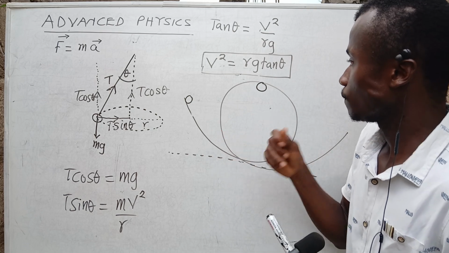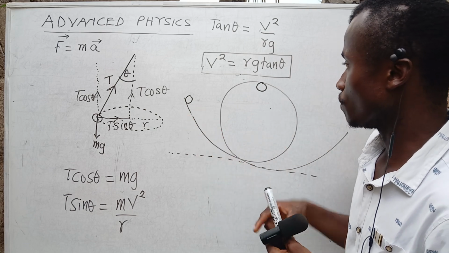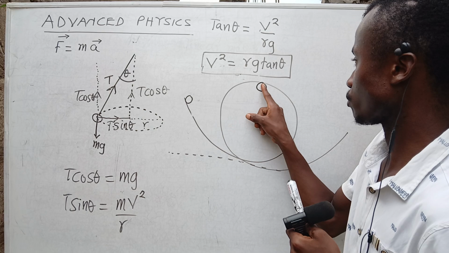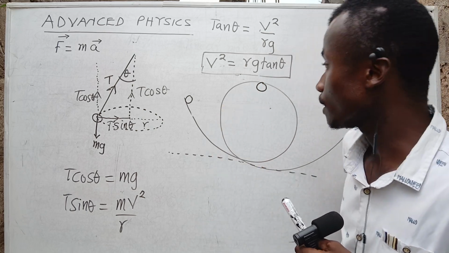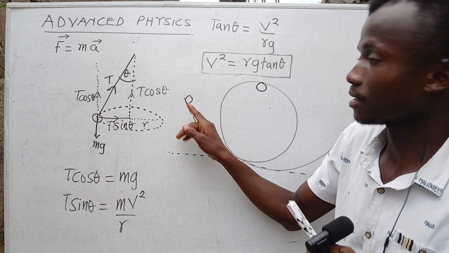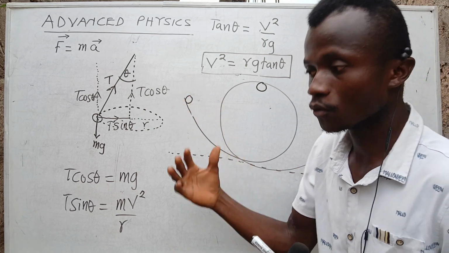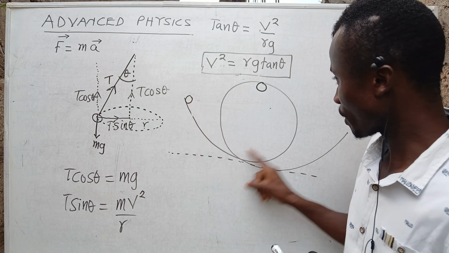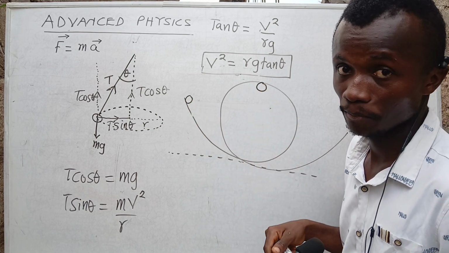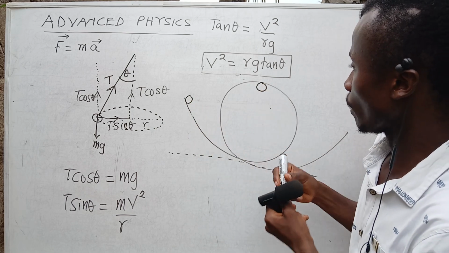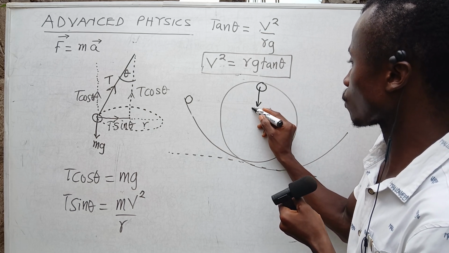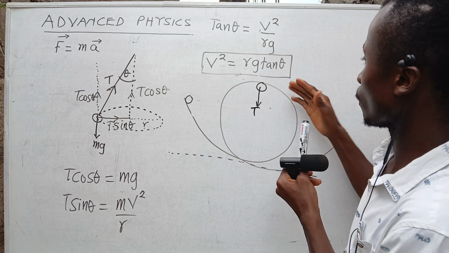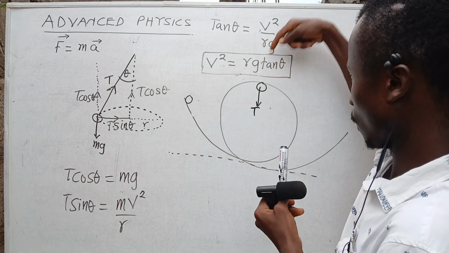Now, the problem happens at a point when the object has reached this part of the circular trajectory. Let's say this height is high enough that it has the energy, which I've not talked about yet, to reach this point of the circular trajectory. At this point, the forces on the object are the force the circular track exerts on the bob.